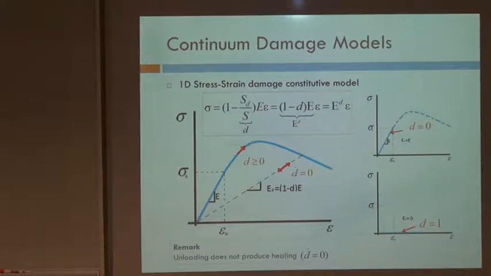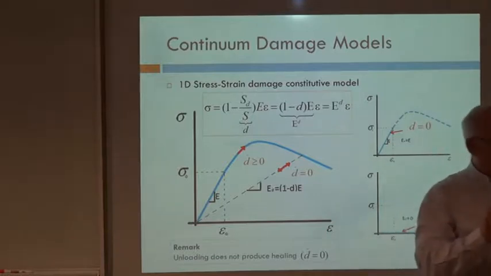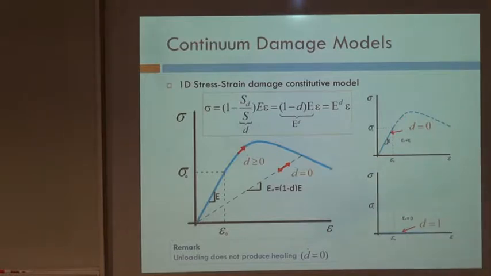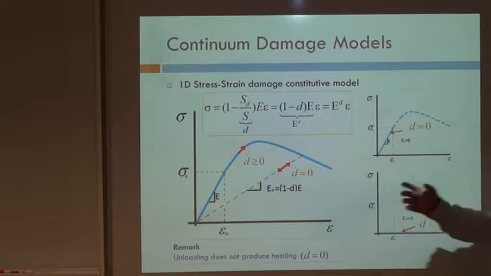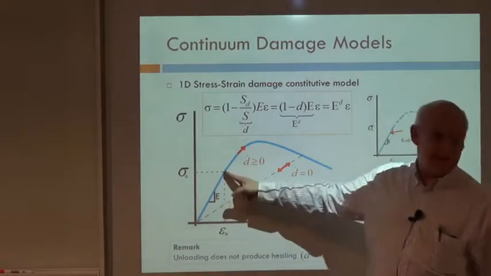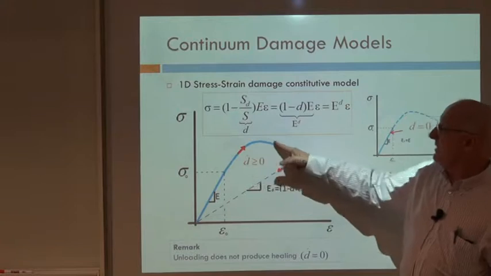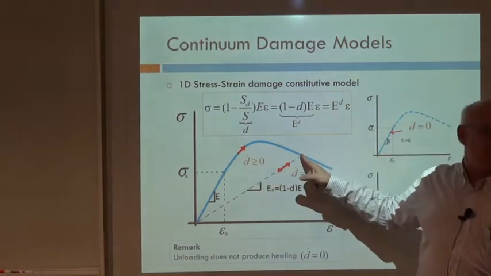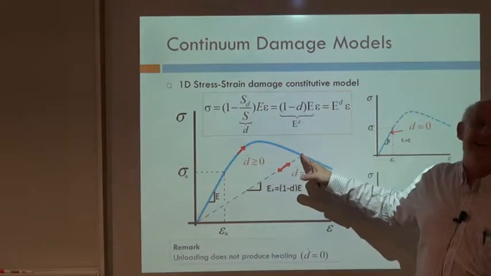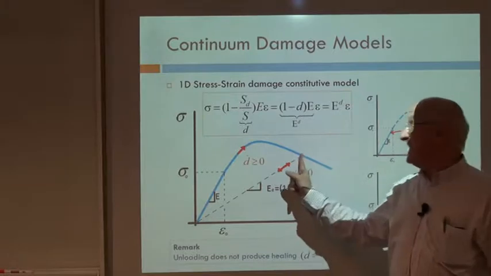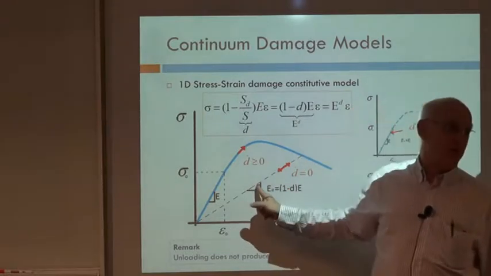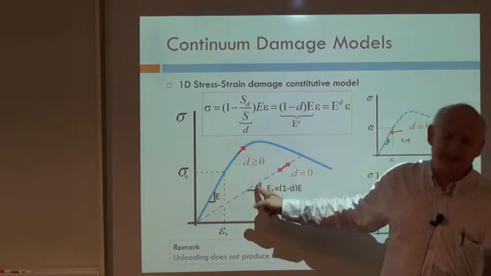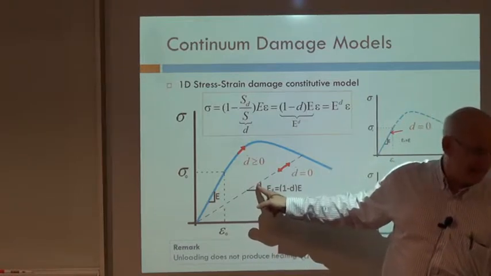This could correspond to the unloading process? Yeah. Well, we have not defined yet the concept of loading and unloading strictly, but of course, this part here is what we call elastic loading. This part here will correspond to what we will term inelastic loading, and that is what we will call elastic unloading.